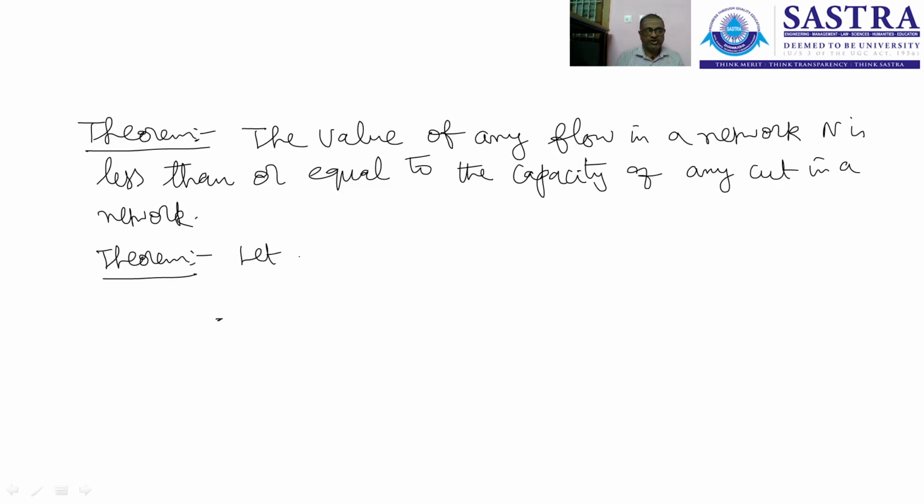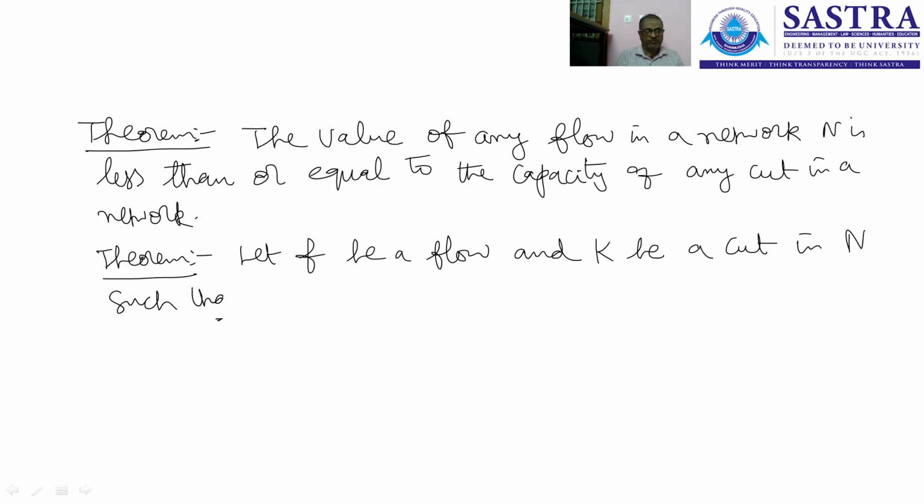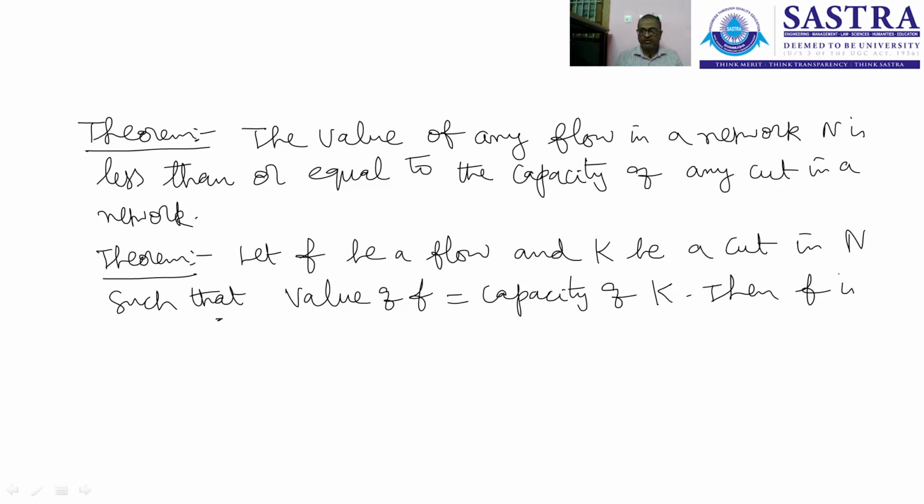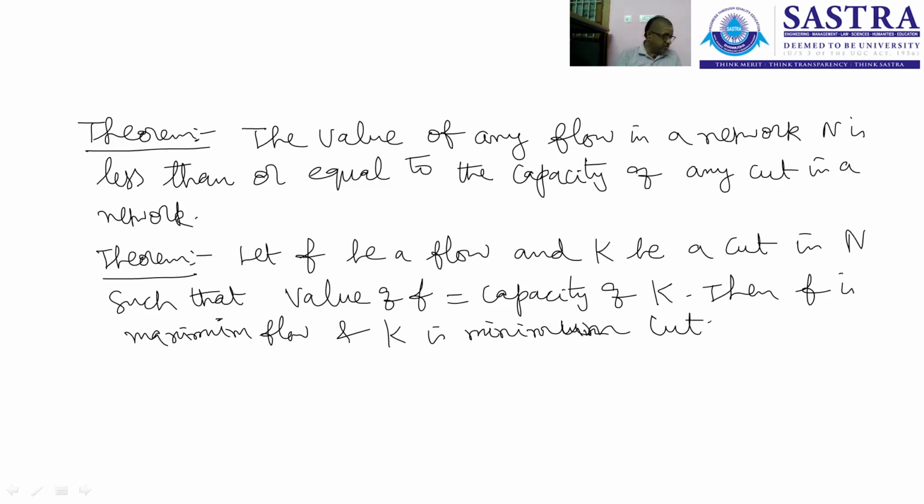Let F be a flow and let K be a cut in a network N, such that the value of F is equal to the capacity of K. Then you prove that F is the maximum flow and K is the minimum cut.